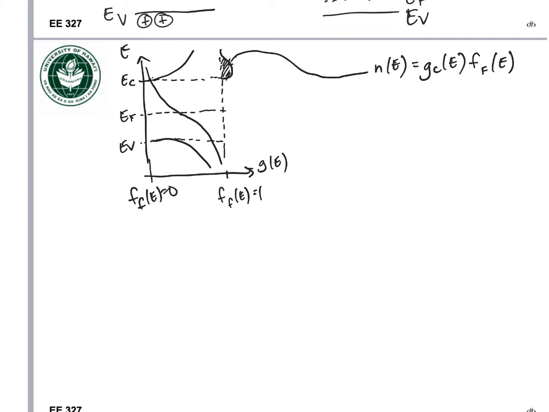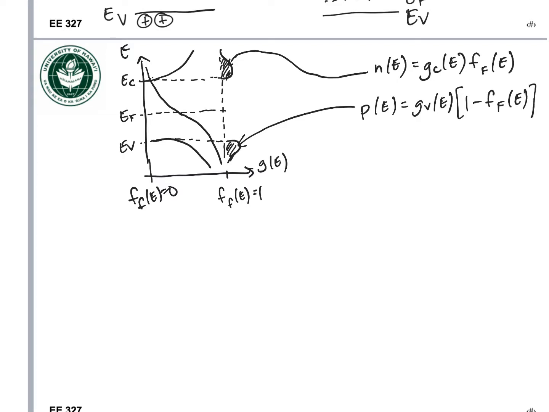We can do the same thing in the valence band: take the density of states in the valence band, multiply by the probability, and you get something that looks like this. The area to the left of that curve is going to give you the number of holes.